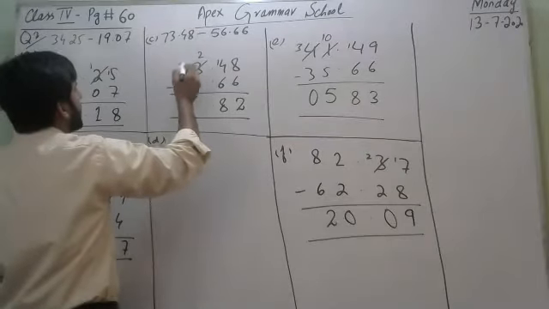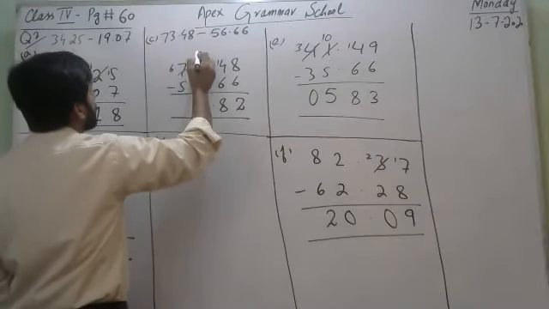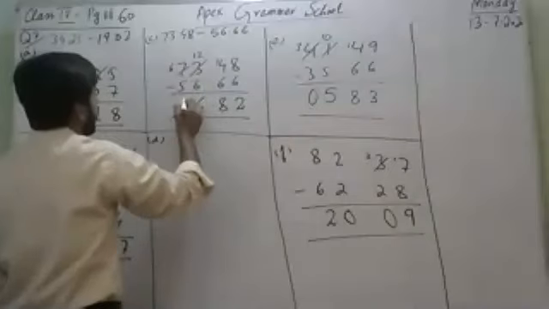Once again, decimal carry. 12 minus 6, this is 6, and 6 minus 5, this is 1.